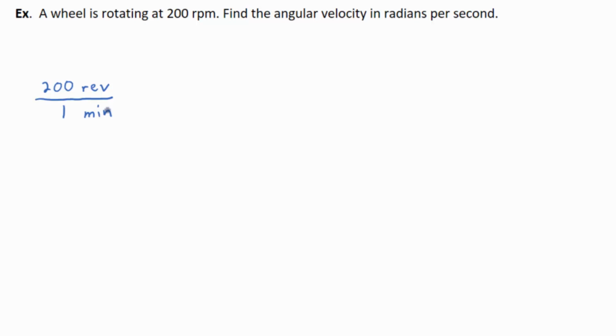Now, for angular velocity, we're going to have to multiply by the appropriate conversion factors. So let me write down what we want and hopefully leave enough room. Eventually, through multiplying by the appropriate conversion factors, we want the units of our answer to be radians per second. This is one of the rare instances where I will write out the word radian.